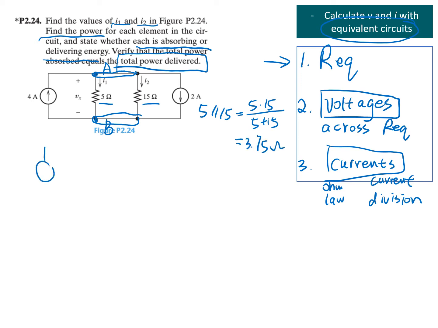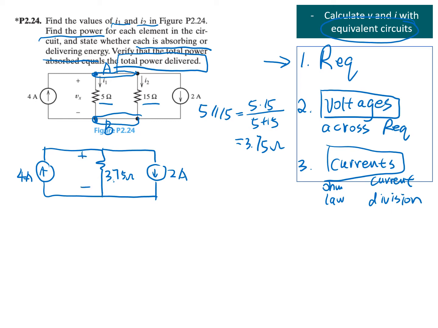So we can simplify the circuit like this. This 3.75 ohm, this is 2 amp, this is 4 amp, and this is plus minus Vx.